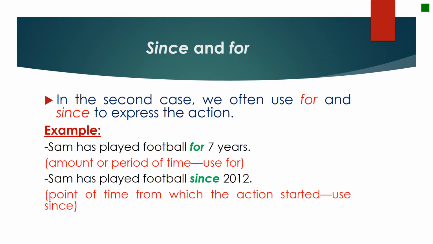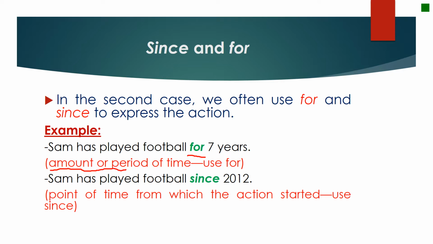And now, since and for. When do we use since and when do we use for? Those two words are regularly used with the present perfect tense and the present perfect continuous, which we're going to talk about later. Sam has played football for 7 years. Why did we say for and not since? Because we use for when we're talking about an amount or period of time.